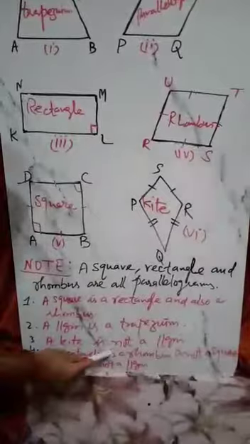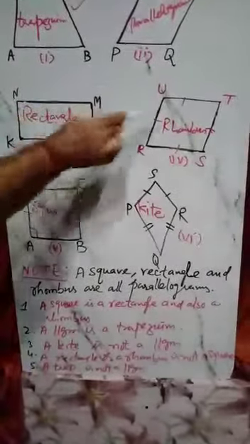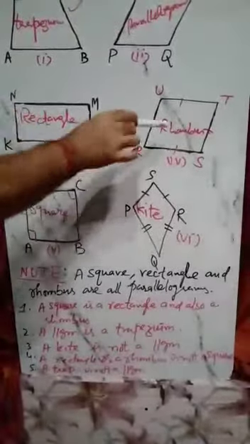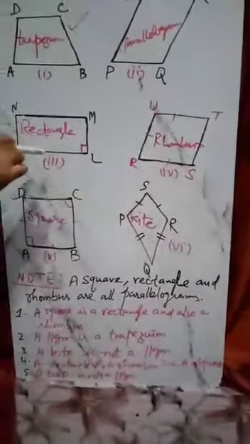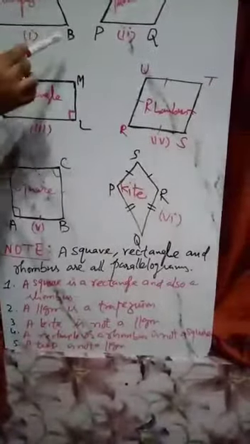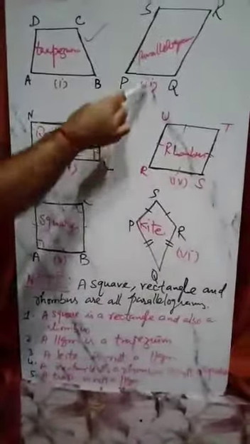A rectangle or a rhombus is not a square. But a square is a rectangle and a rhombus. Please remember this: a square can be a rectangle and a rhombus, but a rectangle or a rhombus cannot be a square. And the last, a trapezium is not a parallelogram, as I have already told you, but a parallelogram is a trapezium.